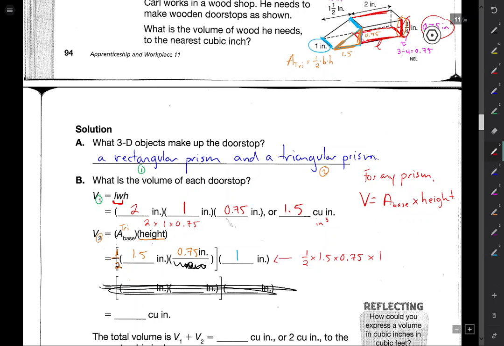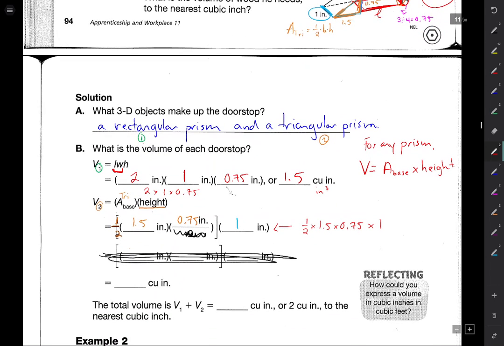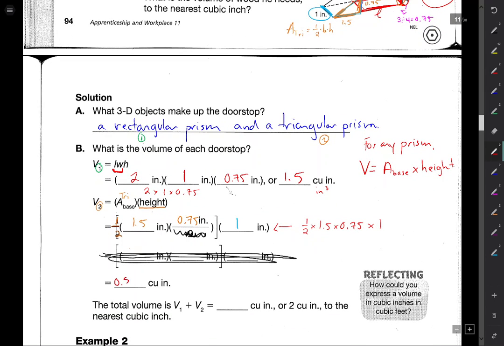So our final volume in inches should be 0.56 cubic inches, or inches cubed. And just a heads up, if you're ever putting 1/2 in your calculator, you can put 0.5 instead. Or you could do 1 divided by 2, which is the same thing as 1/2.